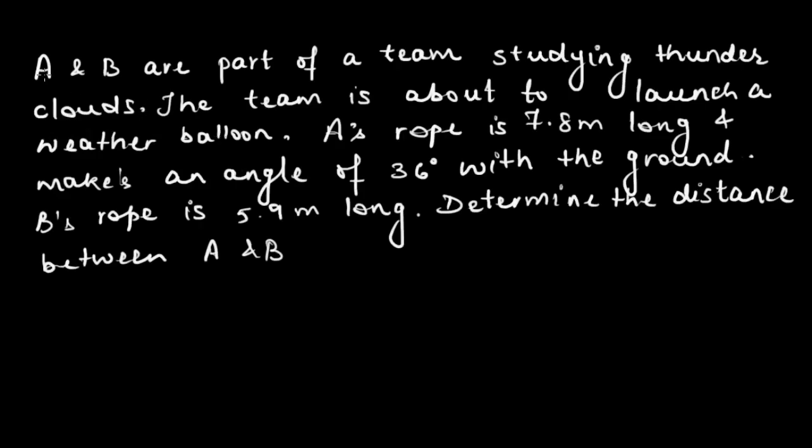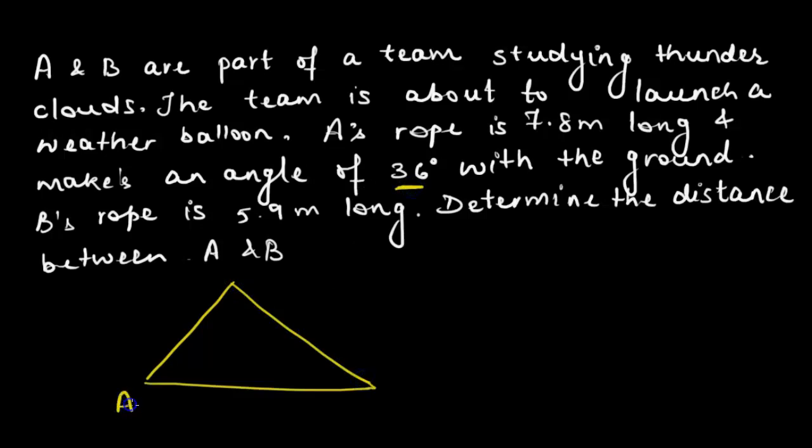So the question says, A and B are part of a team studying thunderclouds. The team is about to launch a weather balloon. A's rope is 7.8 meters long and makes an angle of 36 degrees with the ground. B's rope is 5.9 meters long. Determine the distance between A and B. So because the angle is 36 degrees, this is an acute triangle.